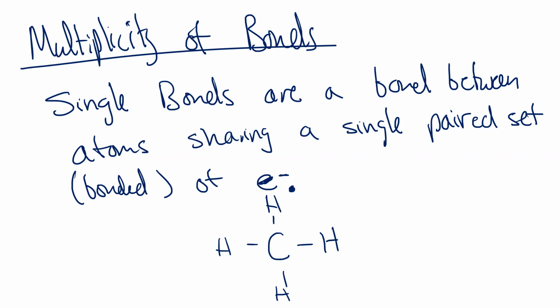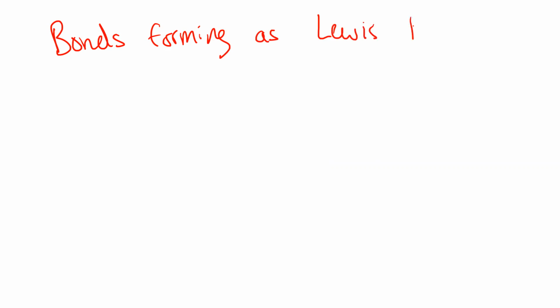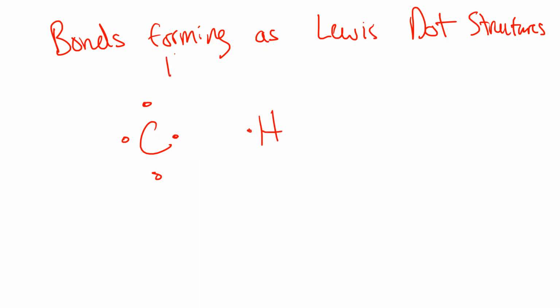So, to begin with, bonds forming we can do as Lewis dot structures. So carbon 1, 2, 3, 4, and then 4 hydrogen atoms hanging out around it.